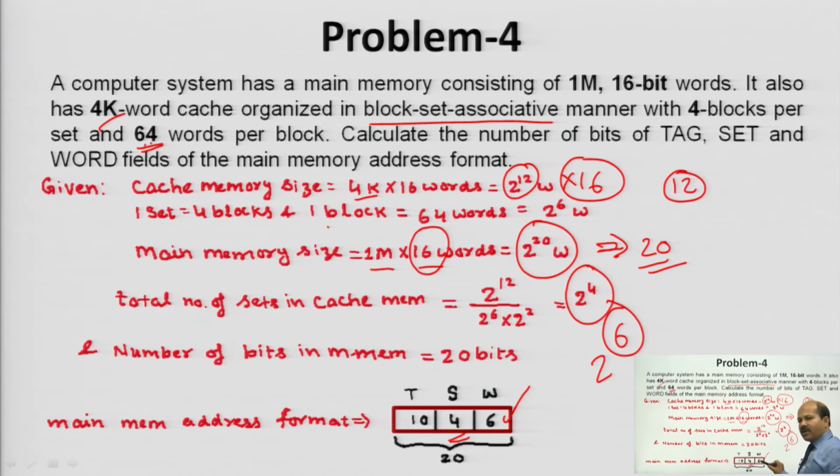So, 6 bits will be given to the word part and 4 bits will be given to the set part, and the remaining, since there are 20 bits for the main memory address. So, 20 minus 4 plus 6, that is 10. So, 20 minus 10 will become 10. So, 10 bits will be given to tag. This way we can solve the next problem.